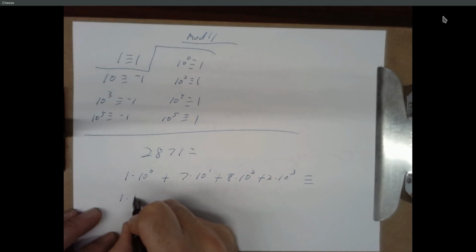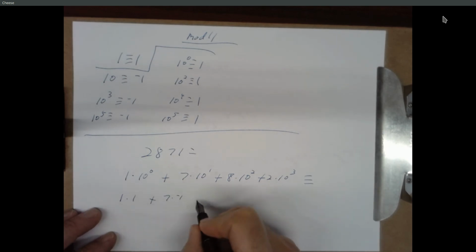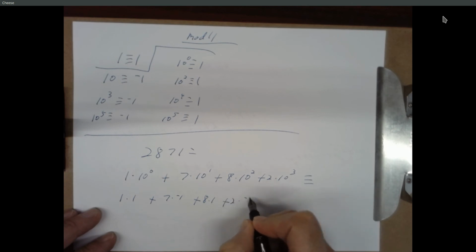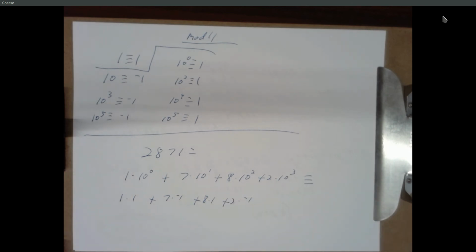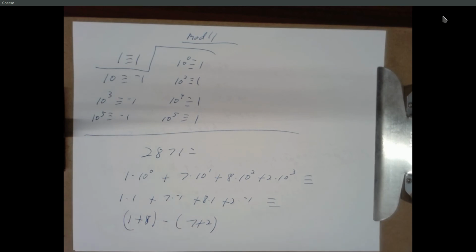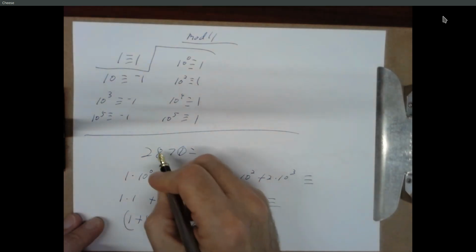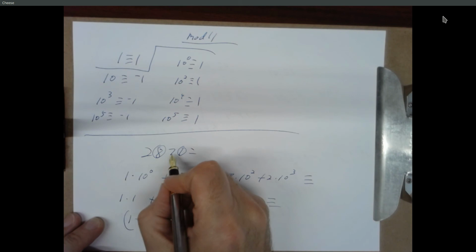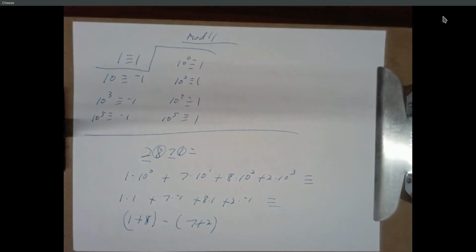So this is congruent to 1 times 1 plus 7 times minus 1 plus 8 times 1 plus 2 times minus 1, which is congruent to 1 plus 8 minus 7 plus 2. And this is what I get if I take the digits in the odd positions and add them together, and then take the digits in the even positions and add them together and subtract those from each other. And if that difference is a multiple of 11, then your number is a multiple of 11.